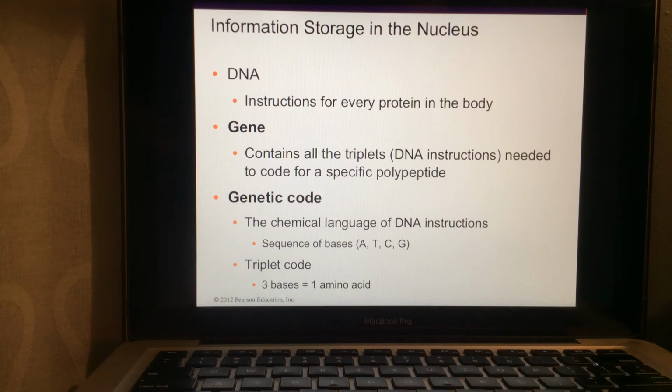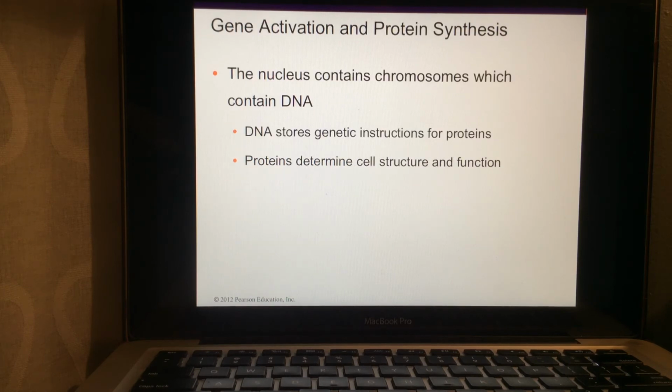So they're going to give you information for specific proteins. It's a very complex thing, but we're just going to hopefully go over the basics of it. The nucleus will contain the chromosomes that contain the DNA, and DNA stores that information for proteins, and those proteins will determine the cell structure and function.